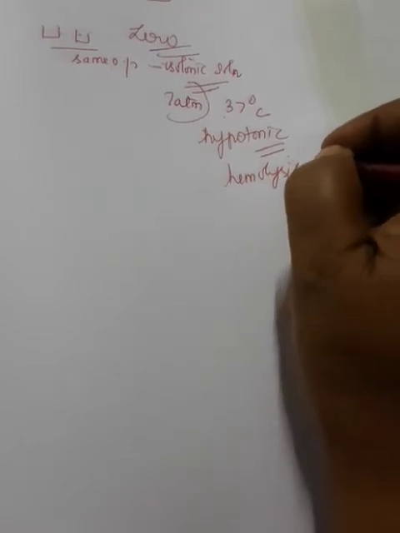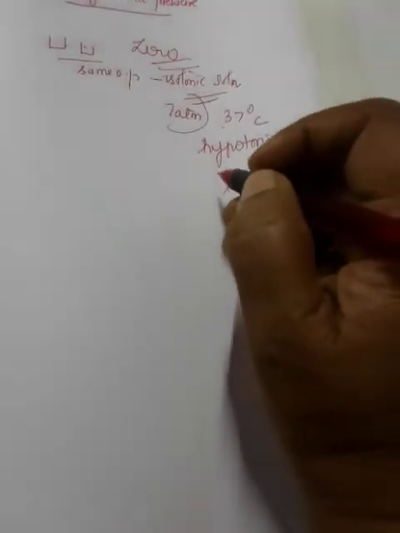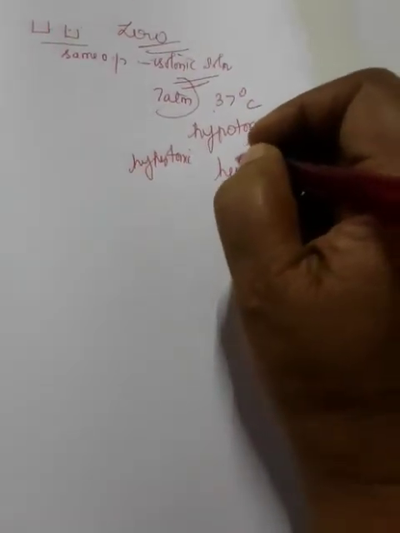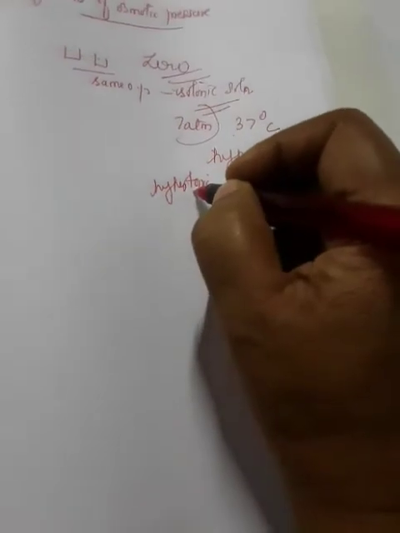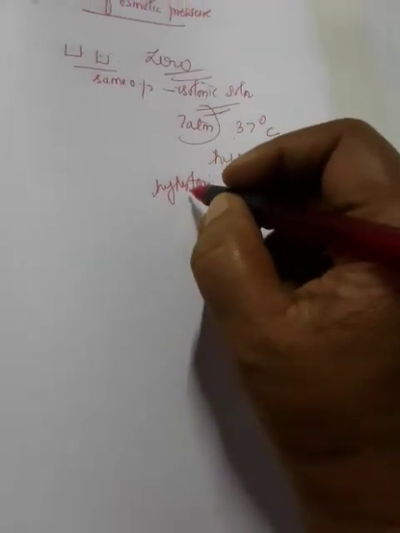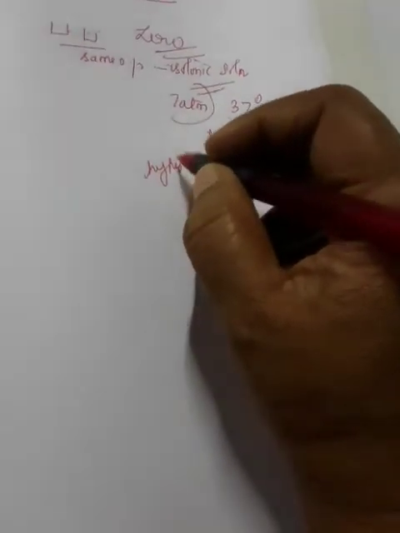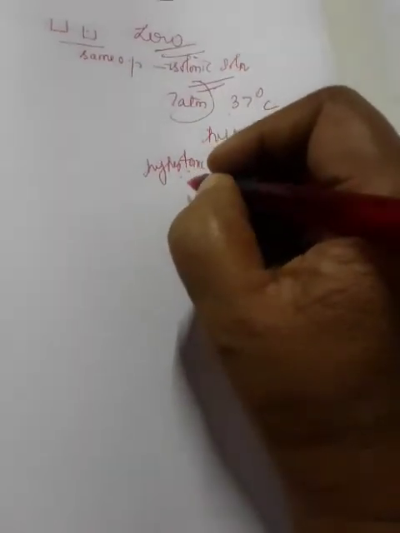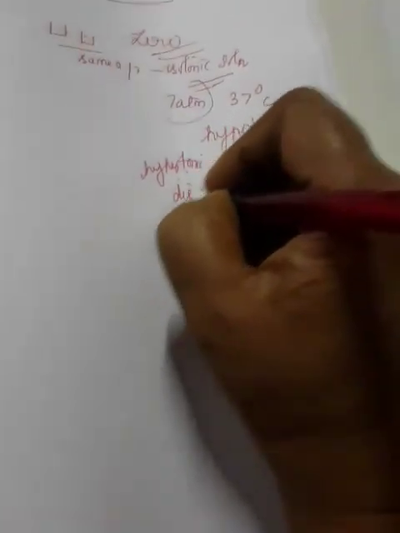On the other hand, if the solution is too concentrated, that means hypertonic. Less concentration, too dilute, means hypotonic. Higher concentration means hypertonic. The solvent molecules will flow out of the cell, which causes the cells to shrink and die.